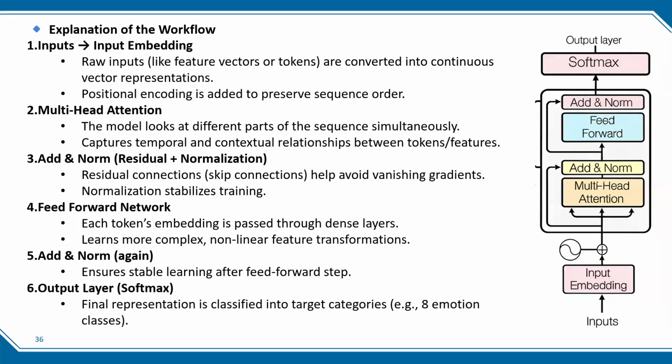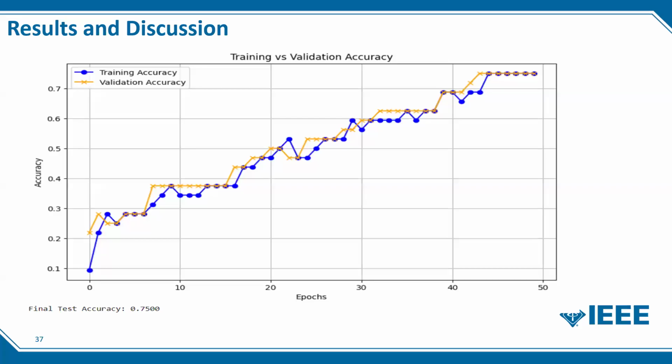Then the residual connections to avoid the vanishing gradient problem, normalization to stabilize training, and the feed-forward layer, which processes features token by token. Then again add and norm, which is residual and normalization, stabilizing training and avoiding vanishing gradient. And finally, we used softmax. The final representation is classified into different probabilities, so that we can classify it into 8 different classes.